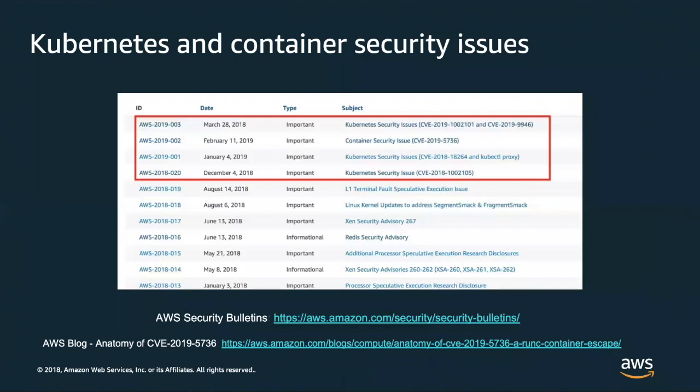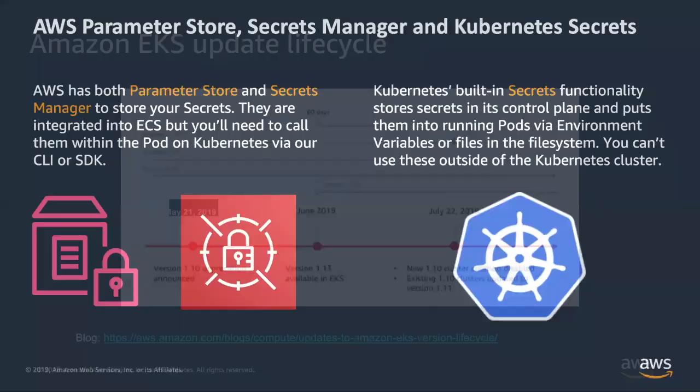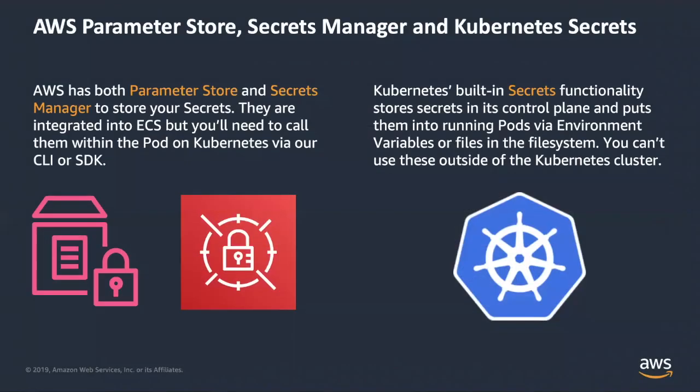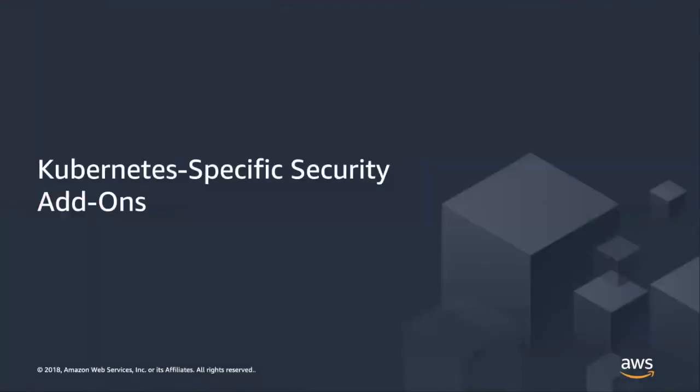Cluster separation mitigates risks around certain security issues that have happened with Kubernetes in the past, and I've already mentioned what you can do with Parameter Store and Secrets Manager versus Kubernetes secrets capability. You can't use Kubernetes' own secrets outside of Kubernetes, whereas you can with the other two.